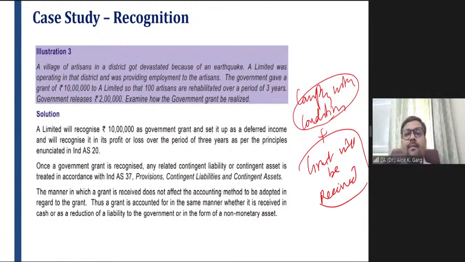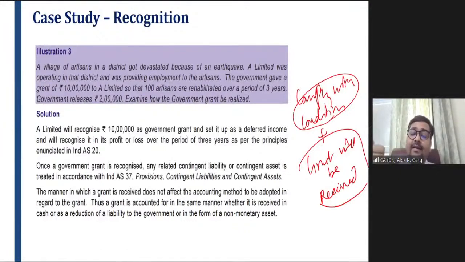Okay, sir. But if the entity will not be able to rehabilitate these 100 artisans over a period of 3 years, probably at the end of 3 years, this grant has to be repaid. So guys, that is why in the first year, the entity has to recognize 1/3 of the government grant, and the entity has to disclose the related contingent liability also.